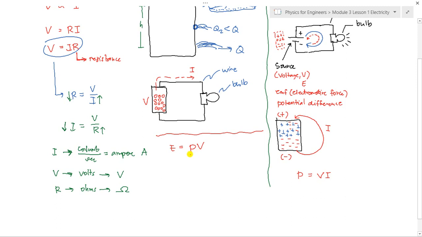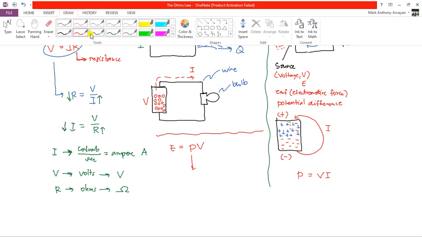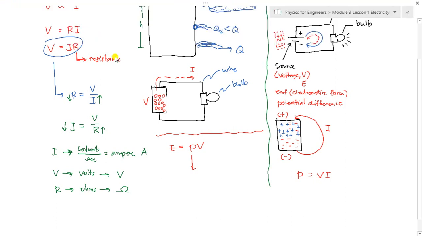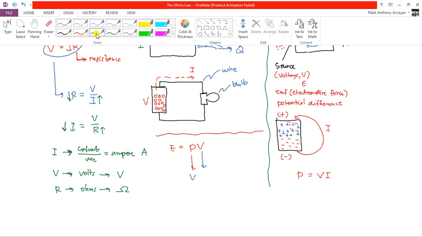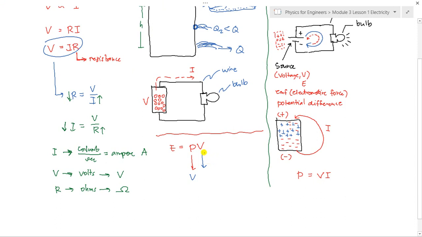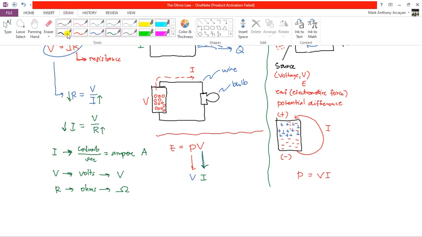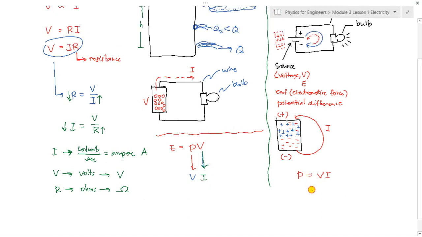In analogy to our electrical circuit, the pressure represents the voltage, and the volume flow rate represents our current. That is why we have a formula for our power: power is equal to VI.